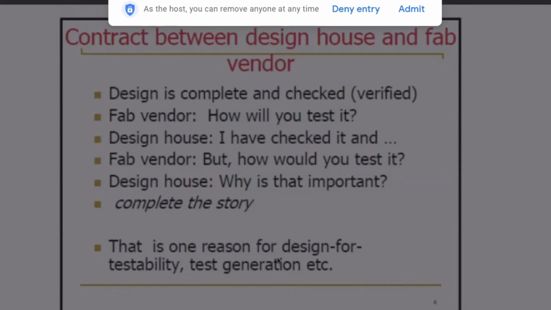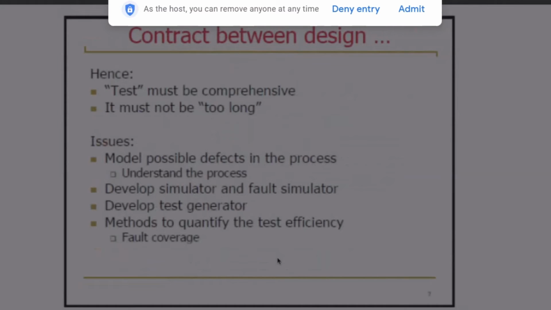There is also the question of what type of DFT strategy you have used, what type of test generation you have used, and what fault models your test generation is covering. These questions will be documented for the design house or through vendors, and after seeing this history, the vendor will allow the integrated circuit design to be fabricated.